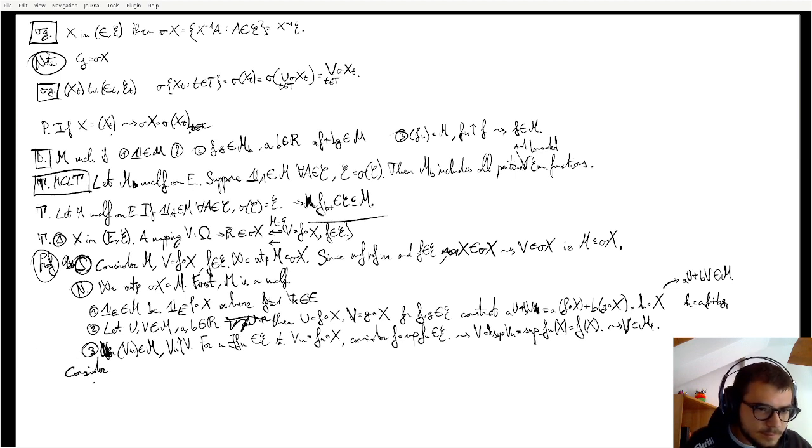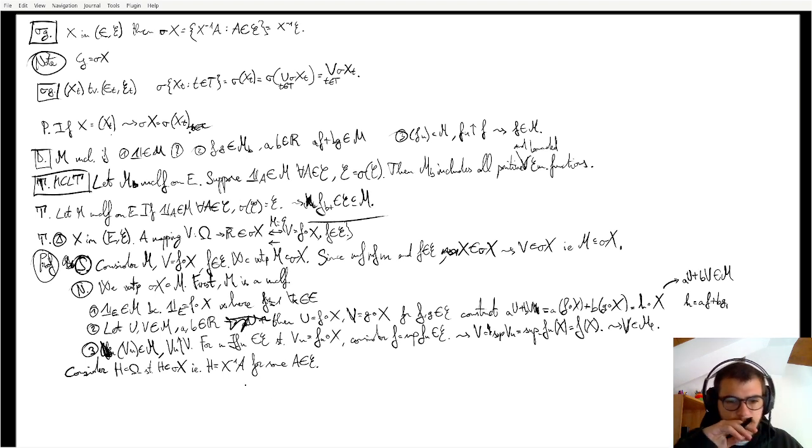Consider H in omega such that H is measurable with respect to the sigma algebra generated by X, which means H is the inverse image of some set A for some A in E. And consider the indicator of H to be the indicator of A applied to X. This thing is in M.